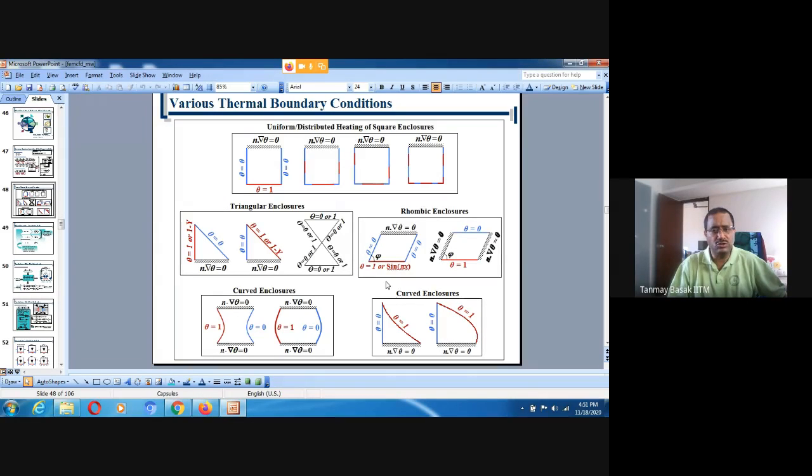Based on the finite element algorithm that I discussed in this course, these are the cases I actually simulated, and you can see all the results in the papers we have published.